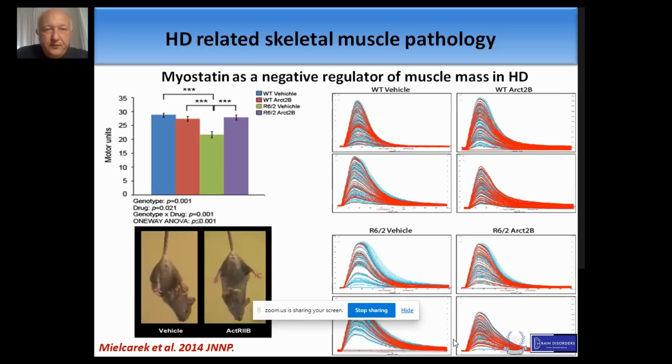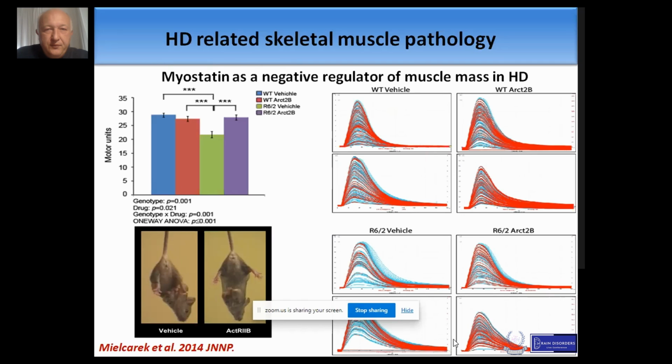However, we recently did a study applying an activin receptor, which is an antagonist of myostatin, and you might know that myostatin is a negative regulator of muscle mass.